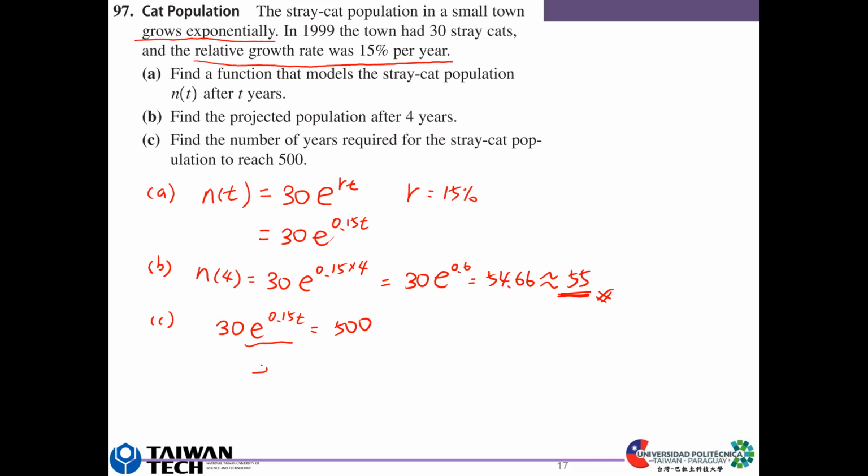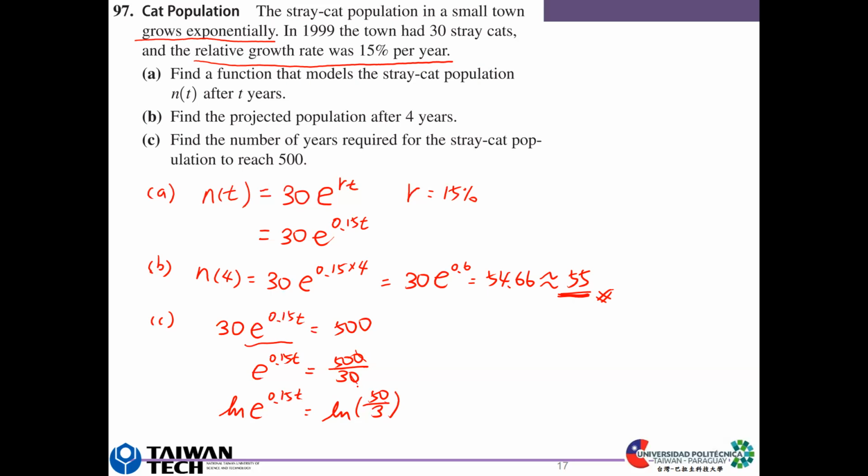But before we apply natural log, let's make some rearrangement: this is 500 divided by 30. And then we can apply natural log to both sides. This is natural log, and I make it 50 divided by 3, because the 10 just cancels.